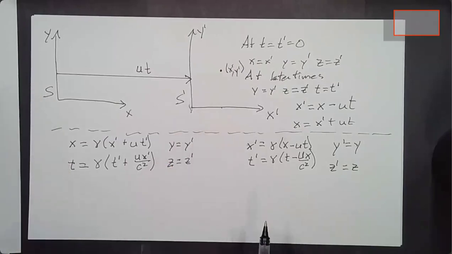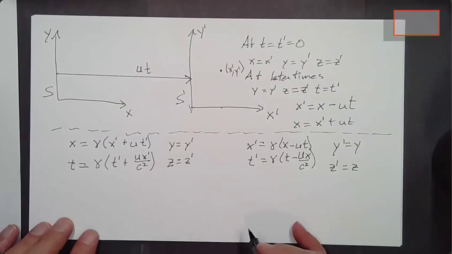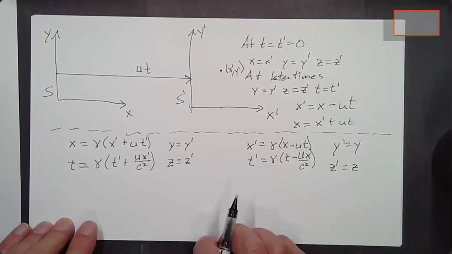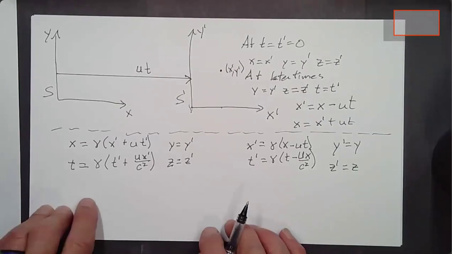But we'll find out that doesn't happen. No matter what we do, we always end up with a relative speed between two things that's less than the speed of light. Pretty close to it sometimes, but we'll see how that works out in the transformation.